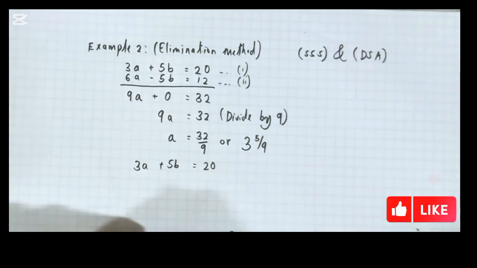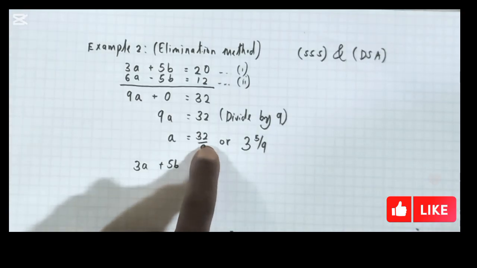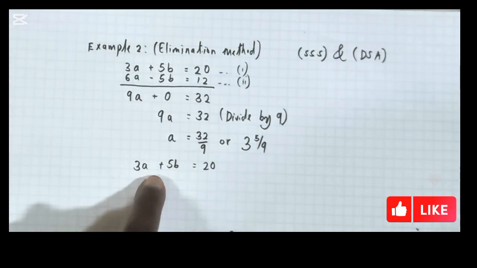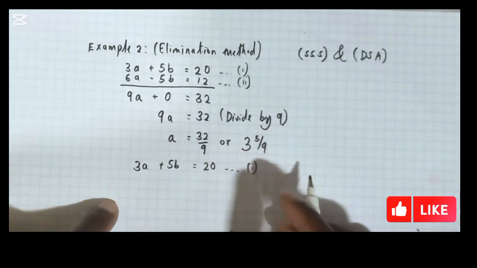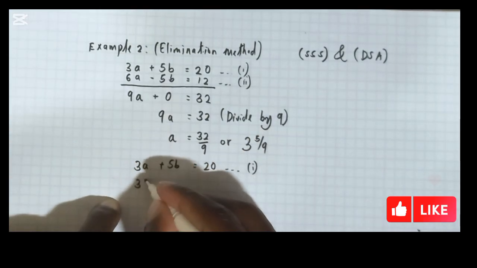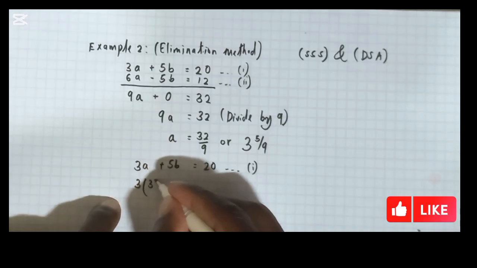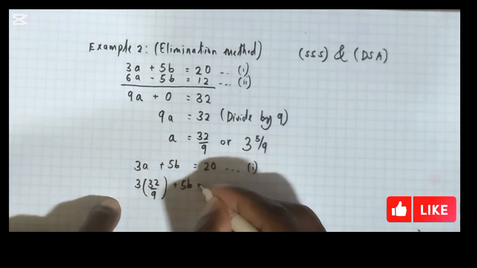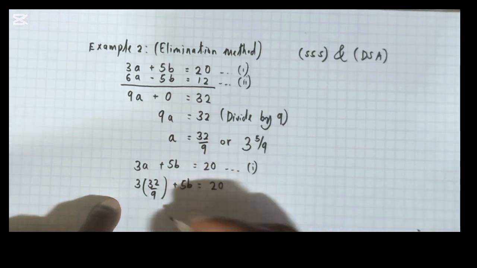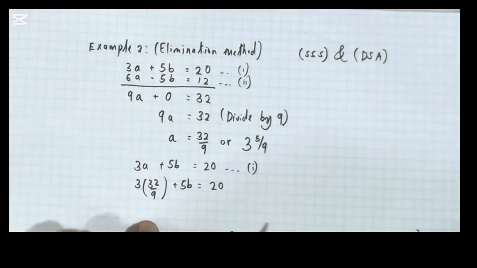I'm going to substitute the value of a, which is 32 all over 9, into this equation. So that's going to be 3 into 32 all over 9 plus 5b equals 20.